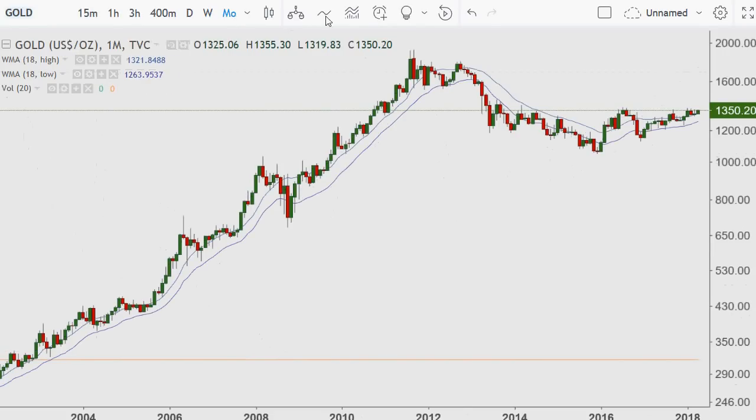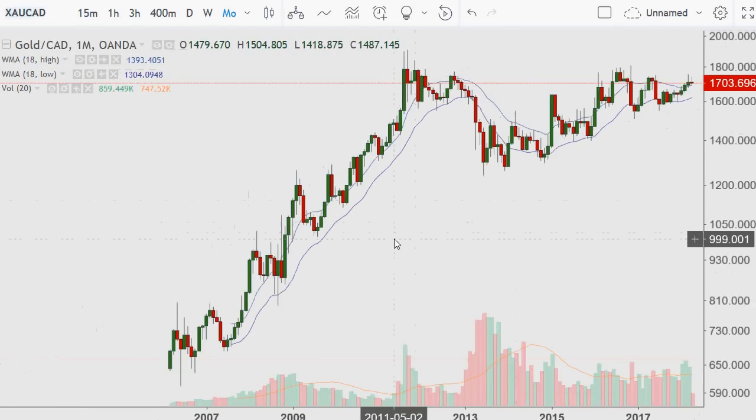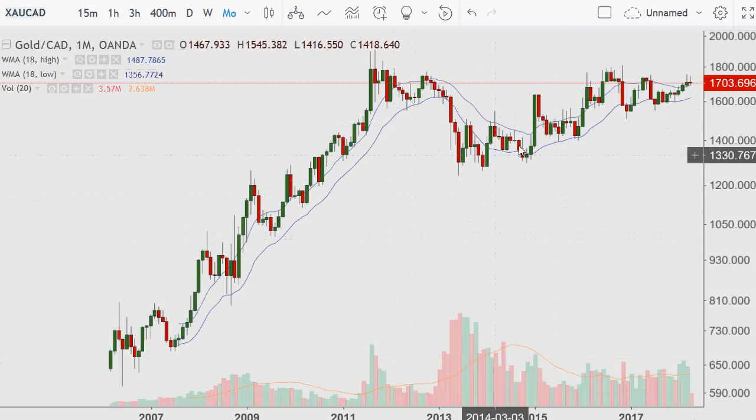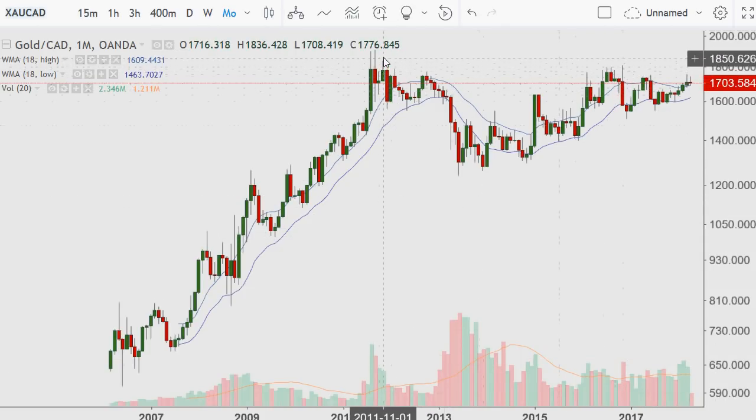On the monthly chart, this is what gold's been doing against the US dollar. Huge move up and going sideways. Against the Canadian dollar, we've got not as much data, but relatively the same thing. But interestingly enough, the resistance level for the all-time high in the Canadian dollar was about under 1900, and it supported its move at about 1591.